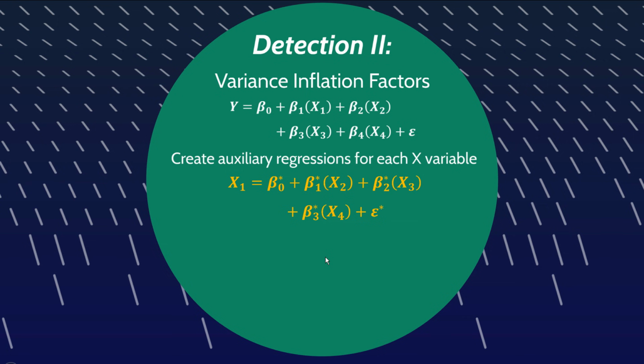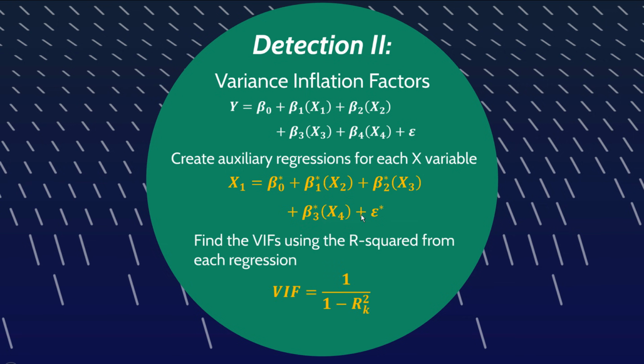So of course we're going to have to try to find the R squared of this model, and the variance inflation factor for x1 would be 1 divided by 1 minus R squared from this model. And this has got a subscript k here, just meaning it's the R squared from the kth auxiliary regression, right? So you'd run this regression, find the R squared, and then you could construct the variance inflation factor.